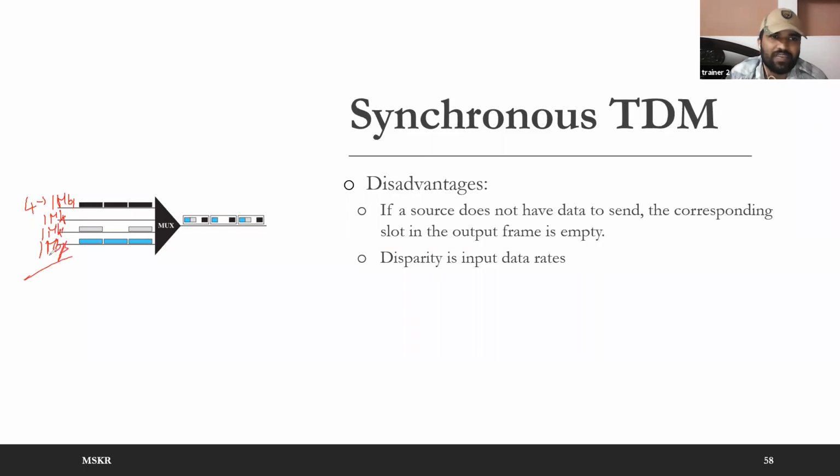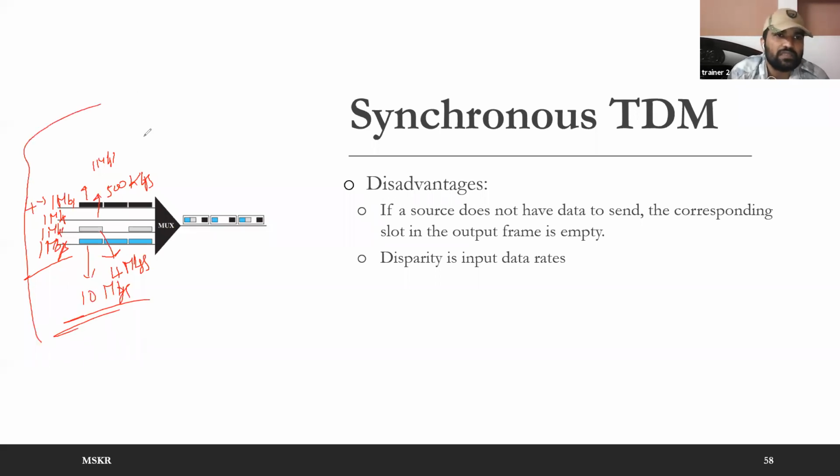But is it really true that all users will generate data at the same data rate? Obviously not. One user may generate data at 1 Mbps, another user at 500 kbps, the third user at 4 Mbps, and the fourth user at 10 Mbps.